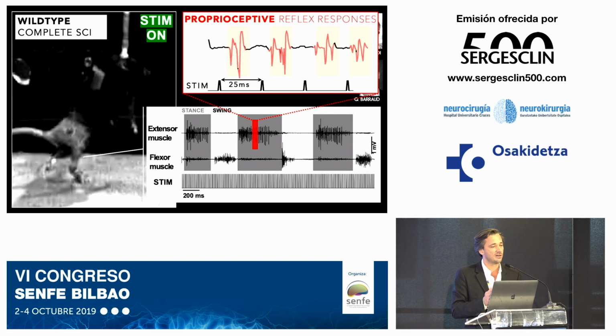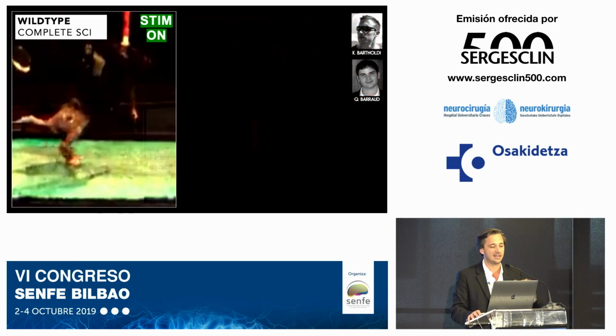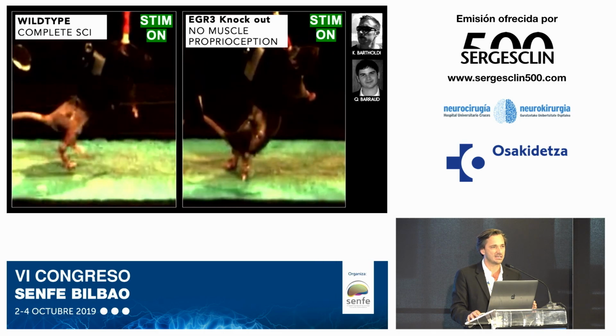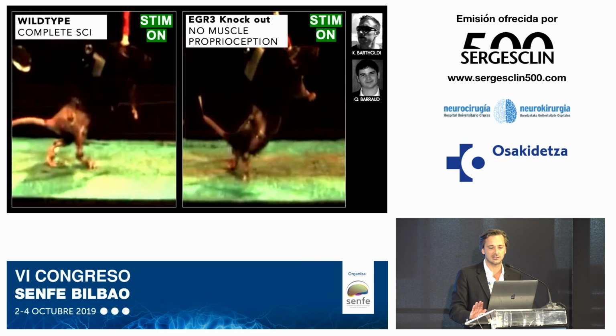So this is how we are activating the motor system with the stimulation. One, increasing excitability. Two, recruiting the muscle through proprioceptive circuit. And indeed, if the animal has absolutely no functional proprioception, we can stimulate and we observe the best example of paralysis. Absolutely no effect.